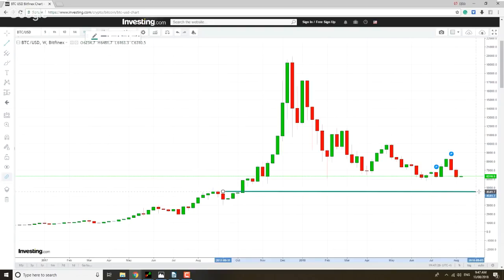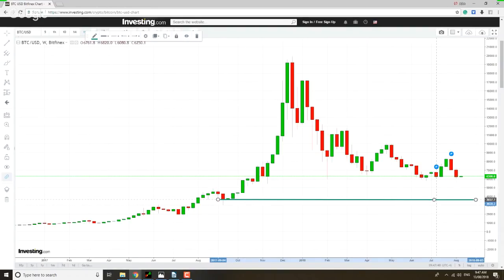If we break the 6,000 mark, we're likely to head down to around 4,600, and the next support is actually just below 4,000. We may get a little bit of resistance at the top here, but there's another 1,000 or so point drop.